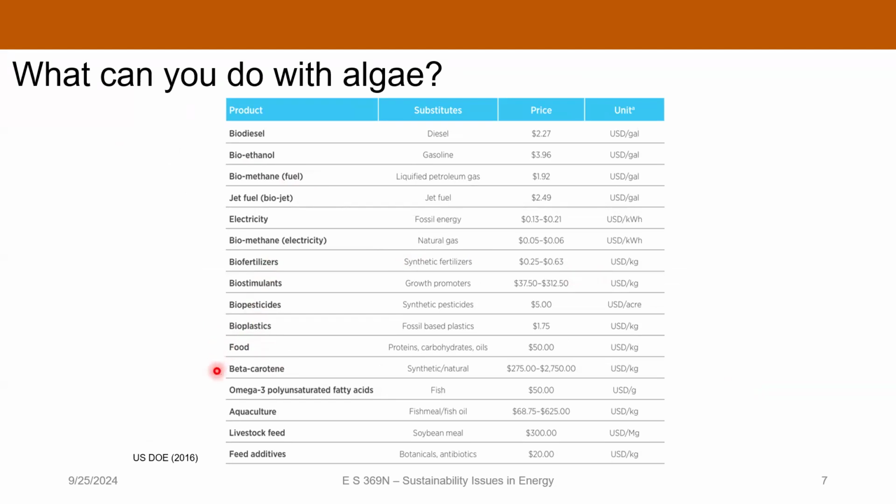But there are other things: livestock feed, fertilizers, and you can use it a lot for biofuels. You can make bioethanol, jet fuel, things like that. And it's valuable, which is the main thing that we're going after here. So that's what's really nice about algae.